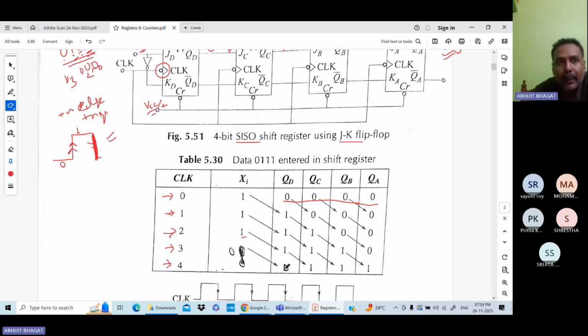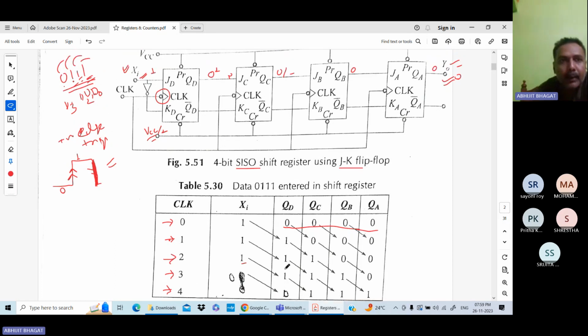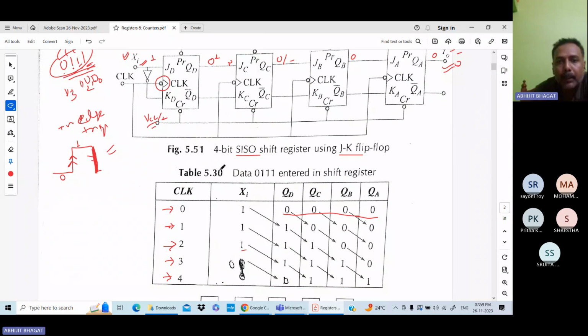Means here all the inputs, here our inputs are this one. So all the inputs are loaded in the flip-flop. All inputs are entered in the flip-flop. So after the 4 clock pulses, all inputs are in the flip-flop.